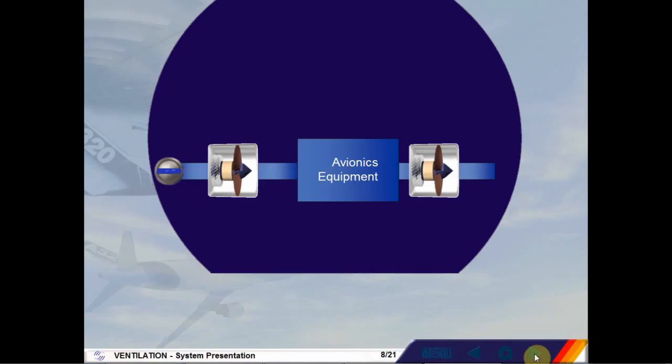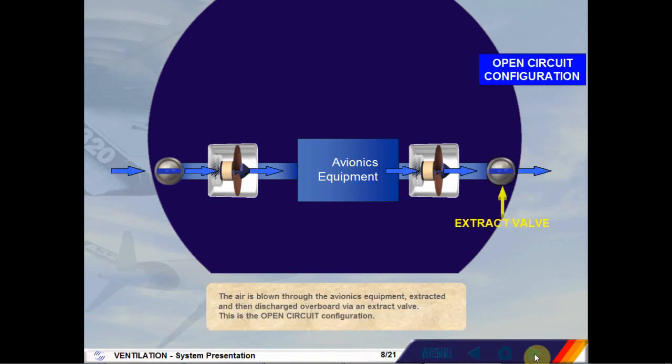The air is blown through the avionics equipment, extracted, and then discharged overboard via an extract valve. This is the open circuit configuration.